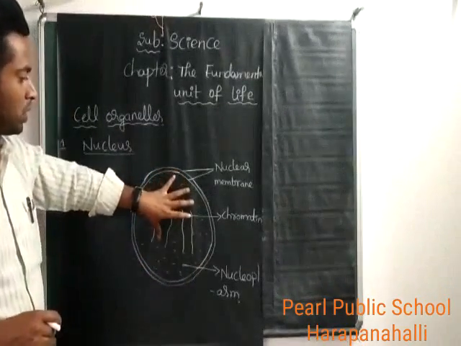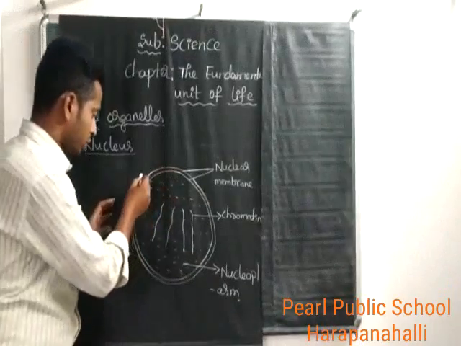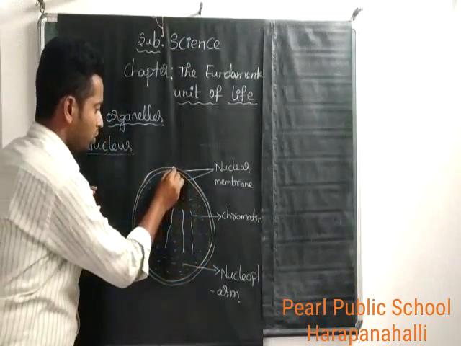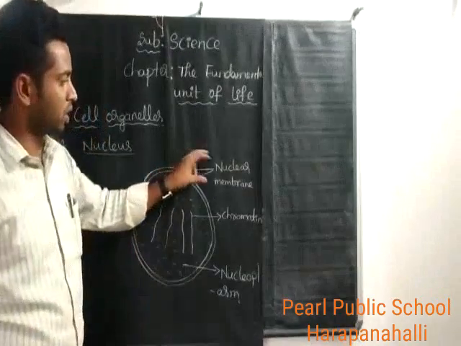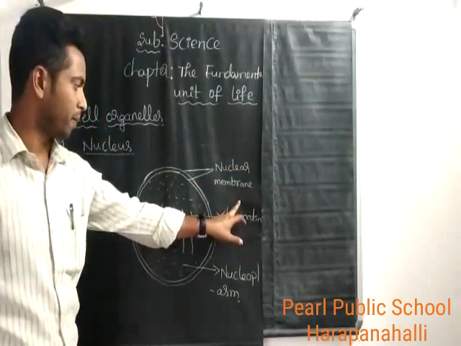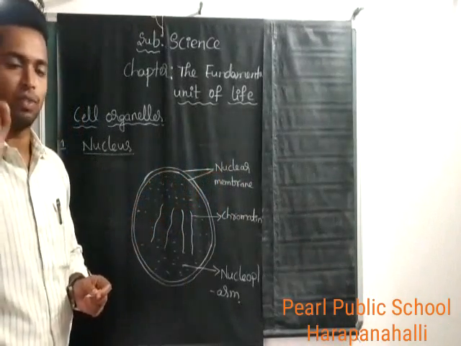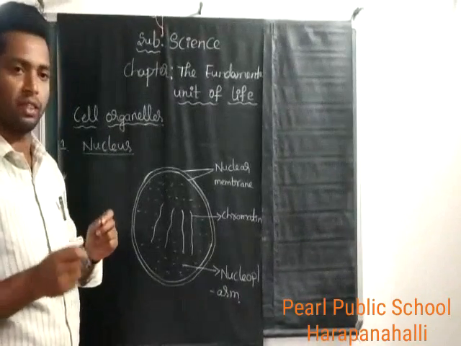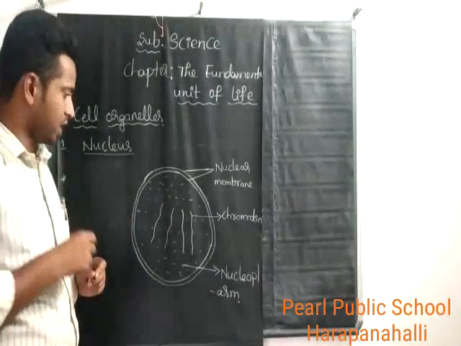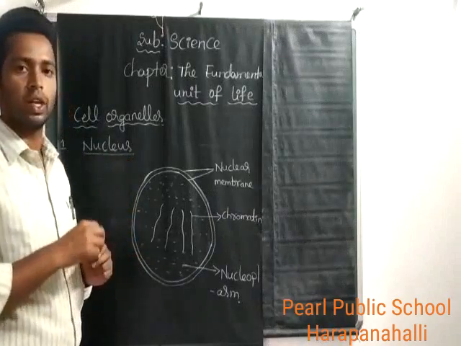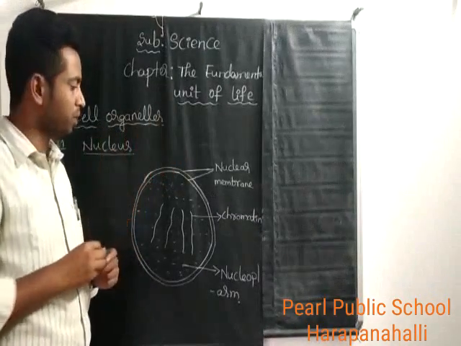This nucleus is bounded by two membranes. These two membranes are called the nuclear membrane. And this nuclear membrane has a number of pores. These pores help in the transfer of material into the nucleus and outside the nucleus.